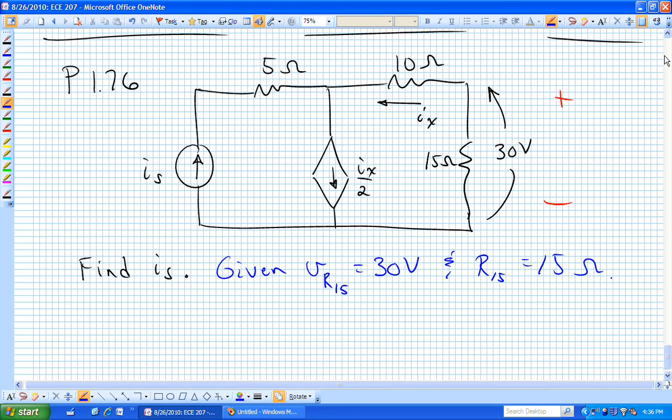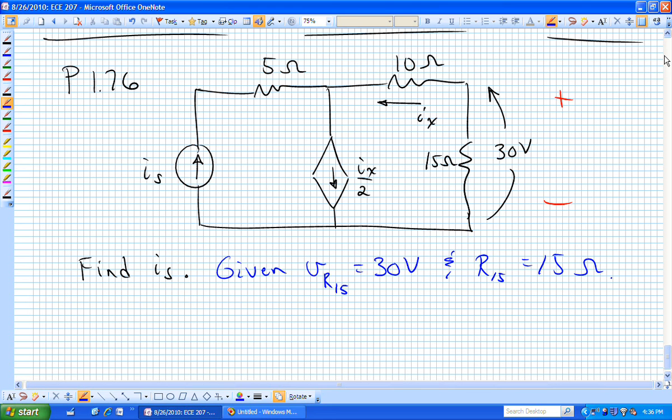So we need to find the current in the rightmost branch, and we're given a voltage and a resistor. We know that the current and voltage relationship on the resistor is going to allow us to solve for a current.